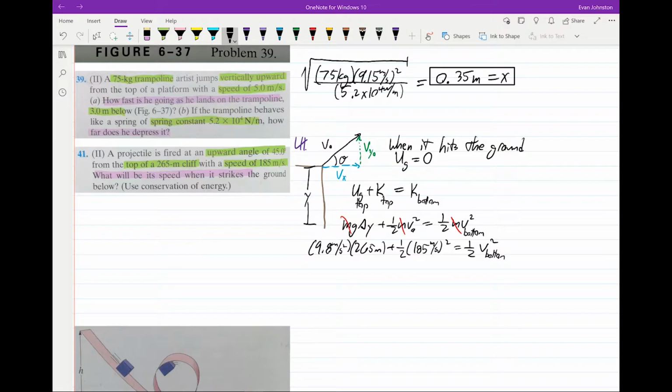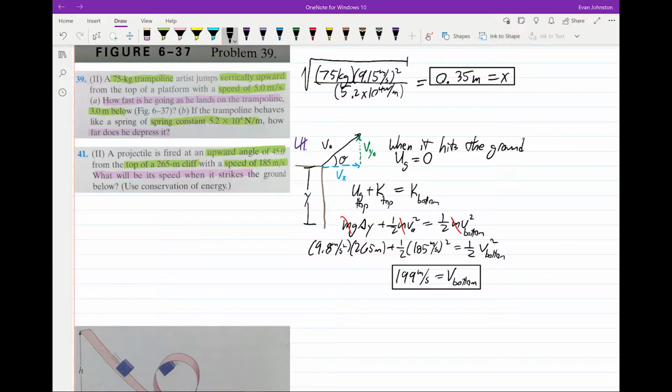And so trudging through my algebra, multiplying this one, multiplying and making sure to square there, adding them together, and then multiplying it all by 2 ends up giving me a speed at the bottom of 199 meters per second is the speed at the bottom. Okay.